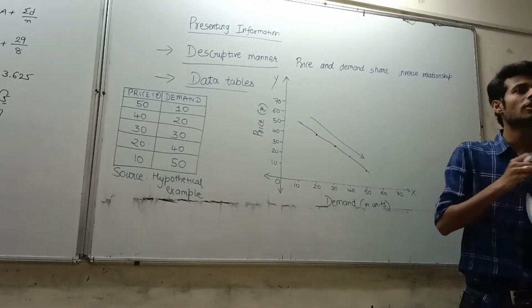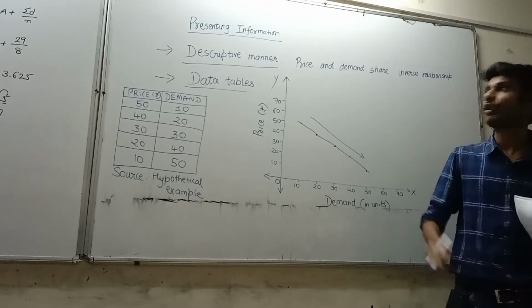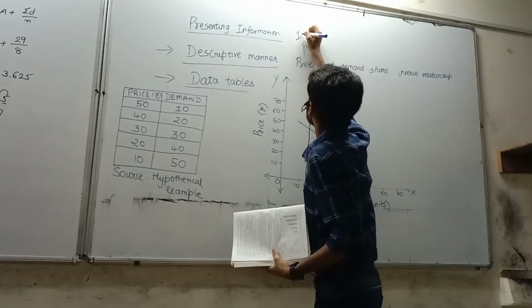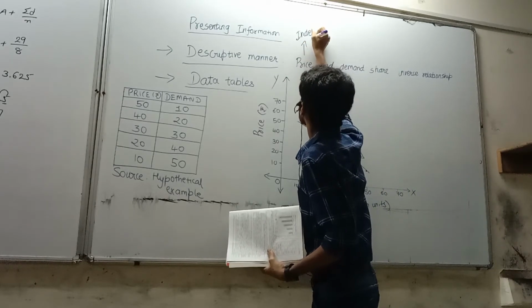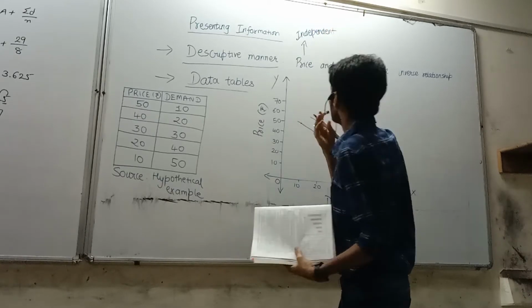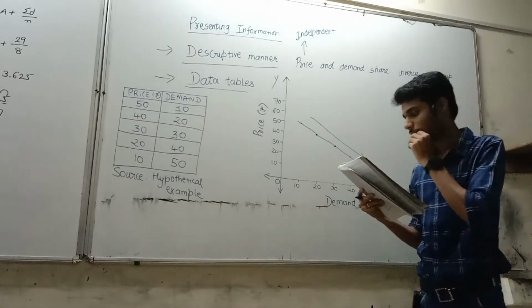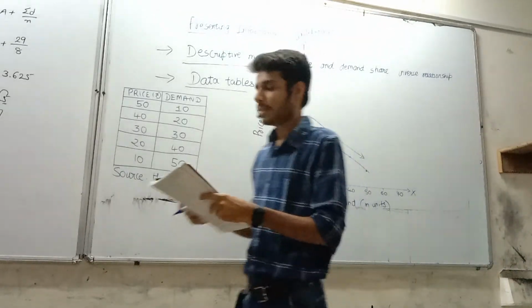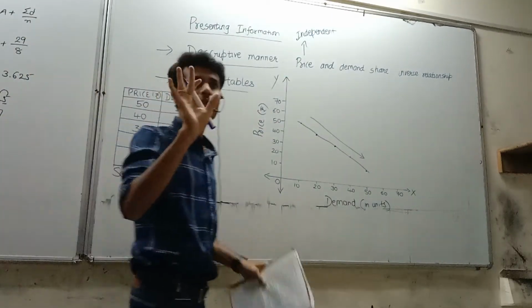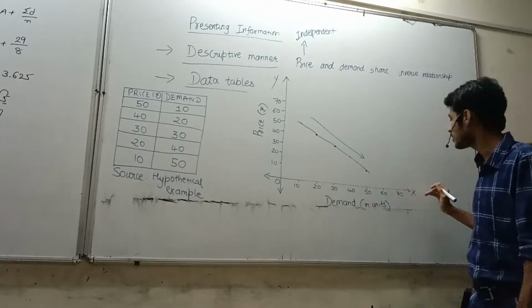So whenever there is a cause and effect relationship, the cause variable is called the independent variable. Right? Now, generally what happens is you plot the independent variable on the x-axis.